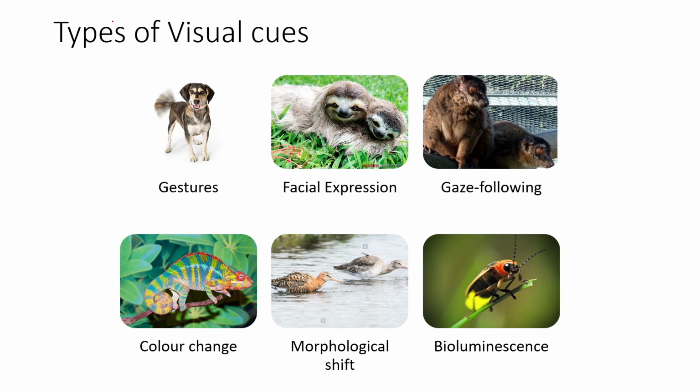Then there is bioluminescence. Bioluminescence, as you know, refers to the fact that different organisms can produce light biologically in their body. Hence, it is called bioluminescence. Bioluminescence is by virtue of different kinds of enzymes and proteins, usually called luciferin and luciferase.